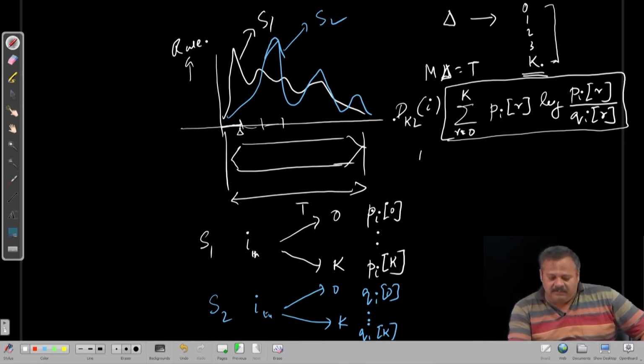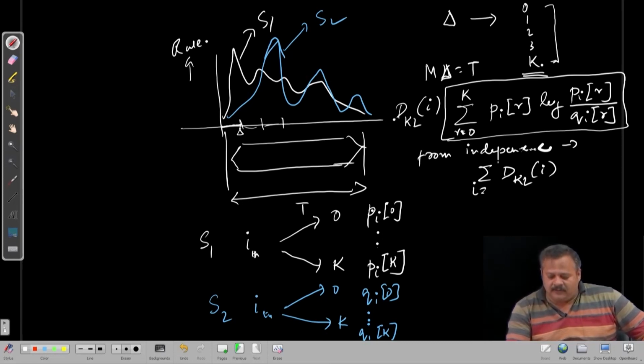And from independence over time, we will then again sum our dKL of i going from 1 to capital M.